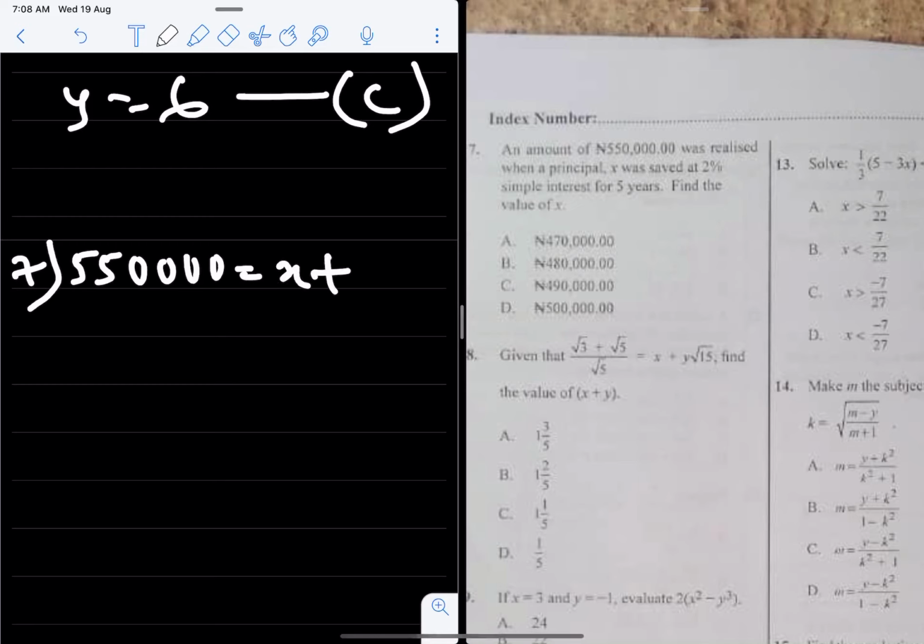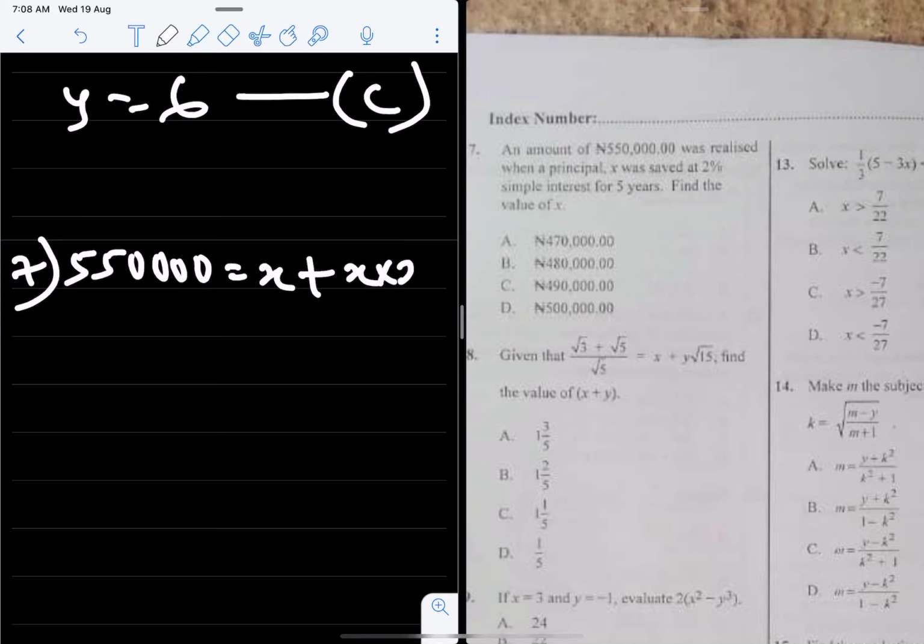X plus, 550,000 naira equals principal plus interest, which is X plus principal times rate, which is 2 times 5 all over 100, because that's what it is.